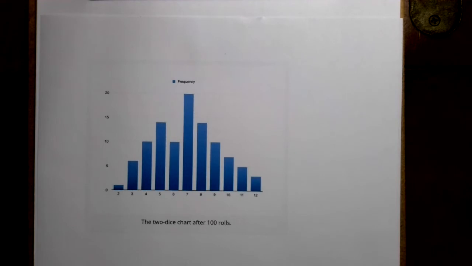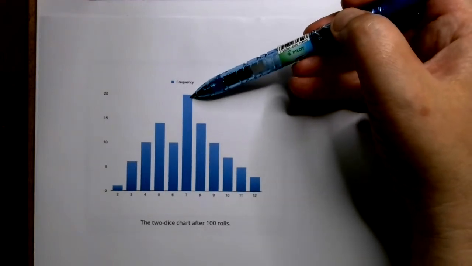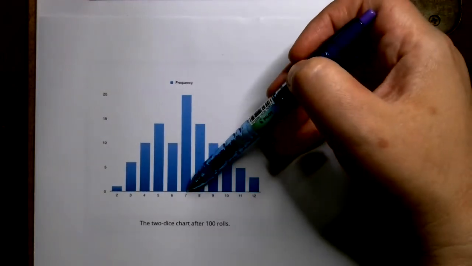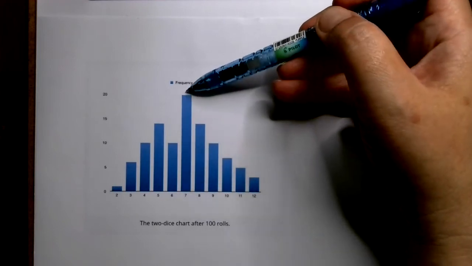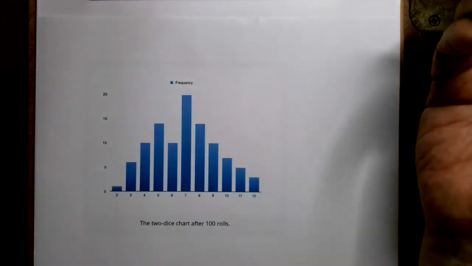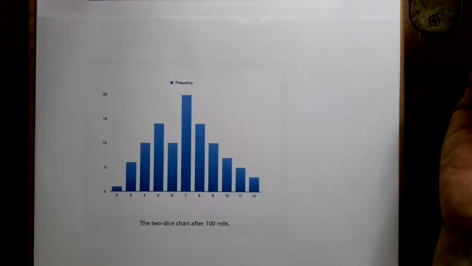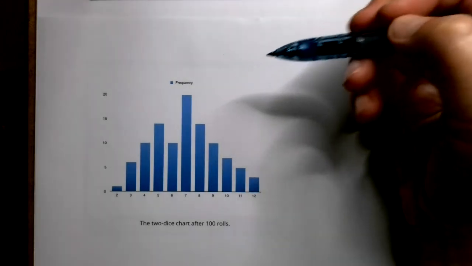Let's see. First of all, we can see that the mode, or the number that they got the most, was 7. This was the most frequent occurrence, so we could conclude that rolling a 7 is more likely to happen. Not only that, but what about the numbers next to 7?